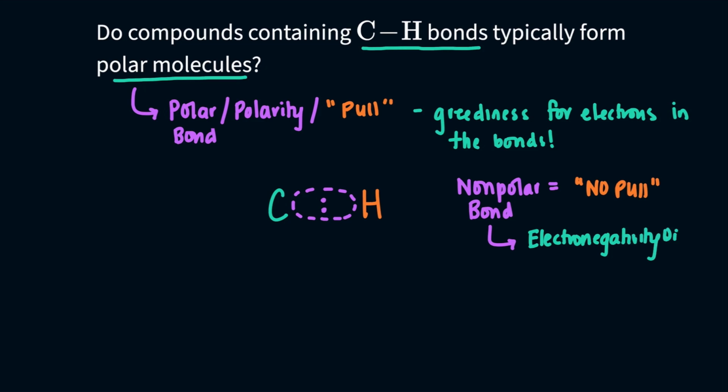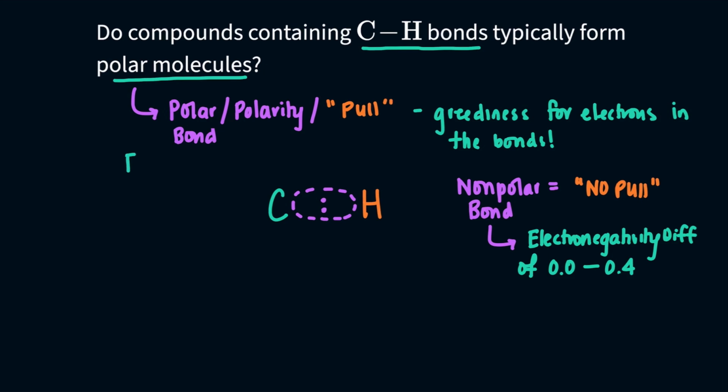Electronegativity is the property in which we can find out if an atom is greedy or not, if it has that attraction towards those shared electrons. For a nonpolar bond, the electronegativity difference is 0.0 all the way up to 0.4. So these numbers are not that great. You're only allowed up until 0.4. Electronegativity values have no units. It's just used as a ratio value.